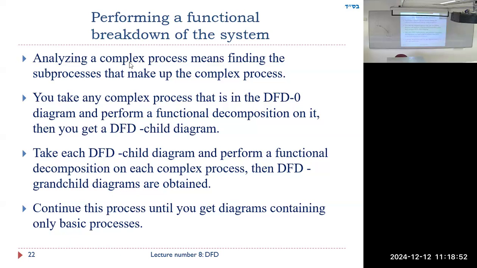so when you analyze a complex process, this top-down method, you're going to look for the subprocesses. You find child diagrams, take each child diagram, and you functionally decompose it. And you do this until you get a situation where everything is basic.